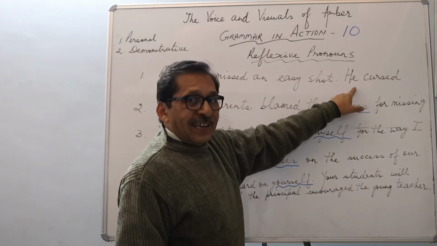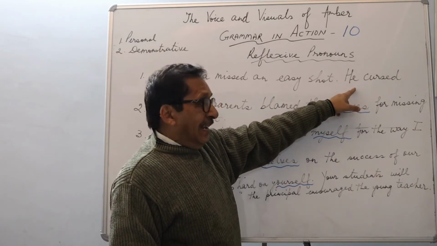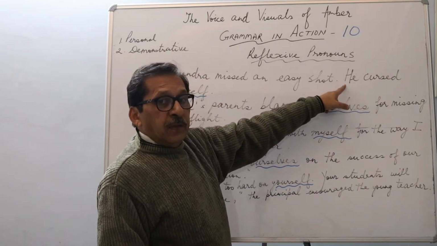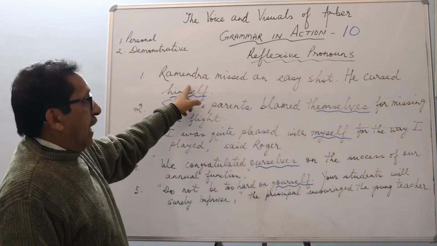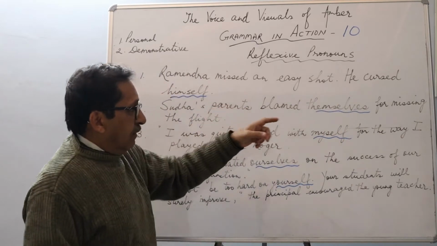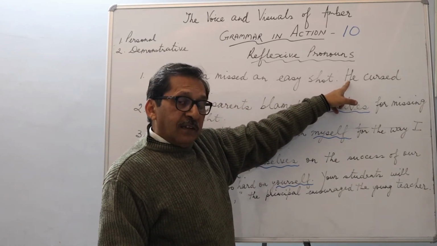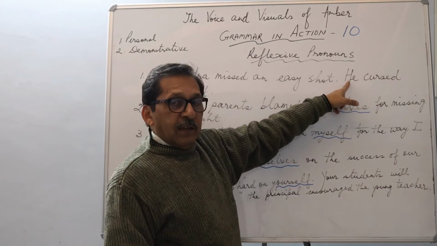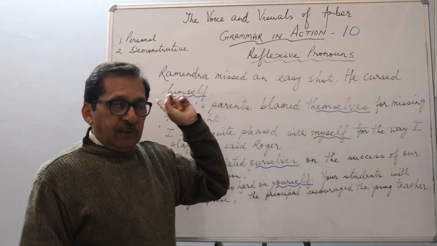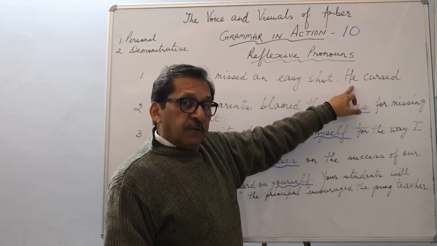But in the second sentence of the first example, he is a pronoun which has come in place of the noun Ramendra. So he is what kind of pronoun? It's a personal pronoun replacing the noun Ramendra and acting as the subject of the sentence.